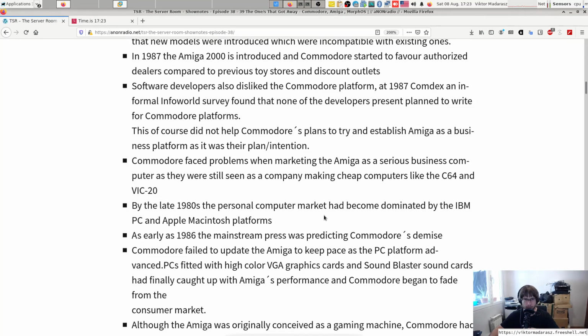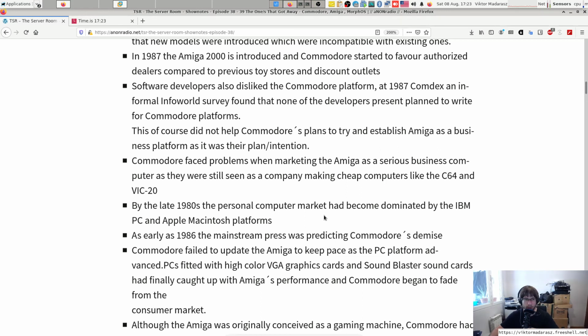Commodore faced problems when marketing the Amiga as a serious business computer, as they were still seen as a company making cheap computers like the Commodore 64 and VIC-20. By the late 1980s, the personal computer market had become dominated by the IBM PC and Apple Macintosh platforms.